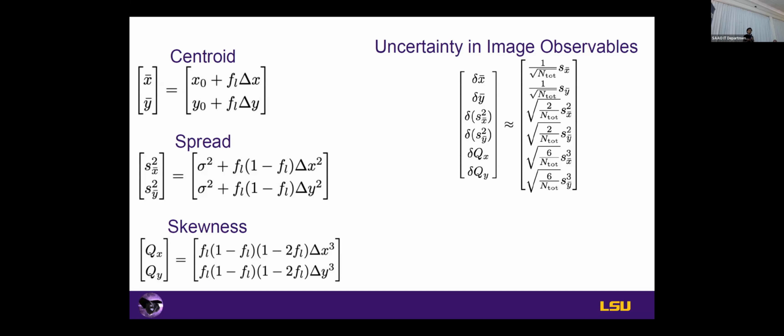Similarly, the spread will depend on the angular separation of the source with respect to the lens, and on the lens flux fraction, and likewise the skewness. Now if we have observed the total number of photons from the image, we know with what accuracy we can calculate these observables, and we can relate these and invert the relation in order to get the lens flux, the uncertainty with which the lens flux can be measured, and the angular separation, and hence the proper motion.